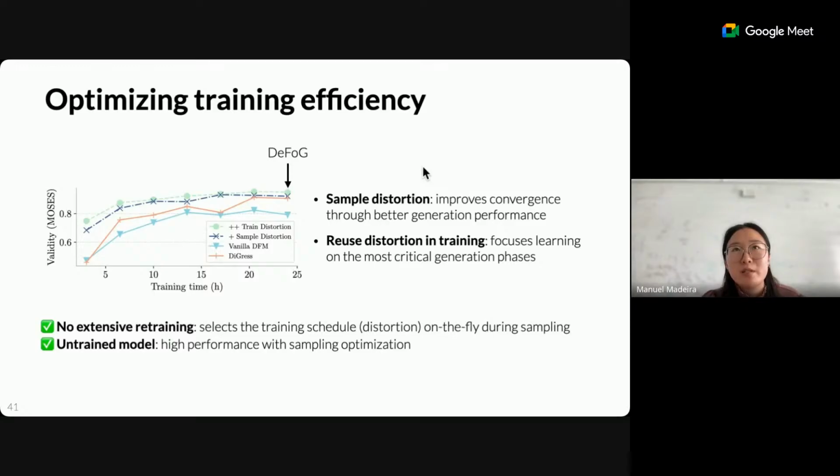Typically, if we just train with uniform distribution, we can already find some sample distortion that works much better than the equal intervals. But if we add the training distortion in training time, it would function better if we have the same function for training and sampling at the same time. Okay. Is that clear? Yeah, thanks. Okay, thank you. So I will go on.